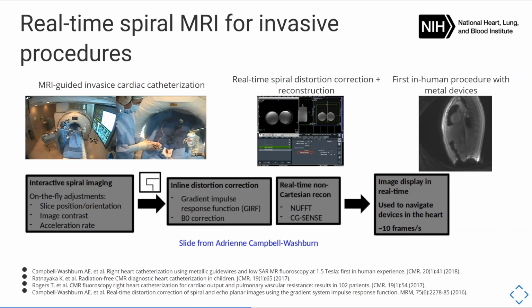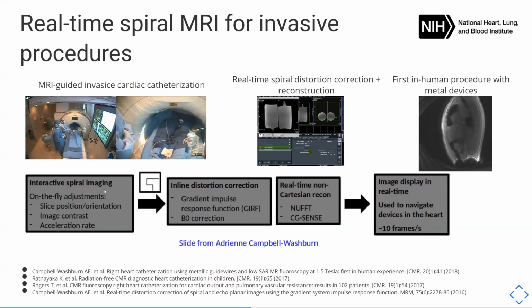So here to the left, you see 2 surgeons operating on a patient, and they're performing a cardiac catheterization. And you can see on the wall, that's a live update of the reconstructed image, reconstructed with Gadgetron.